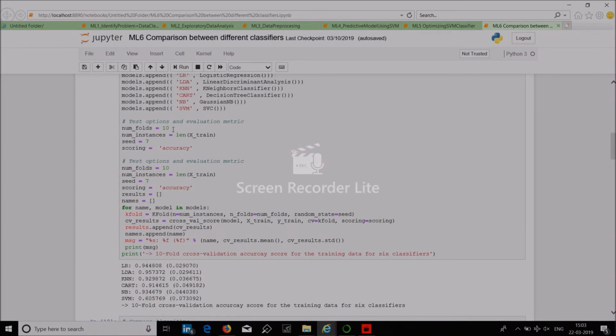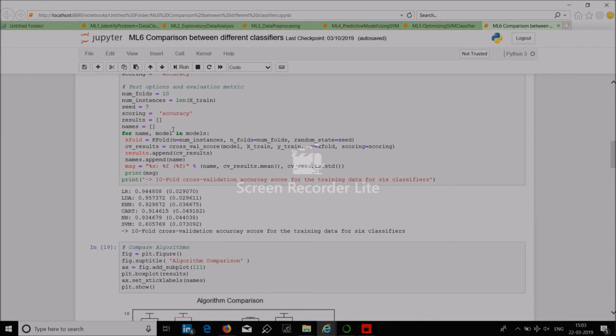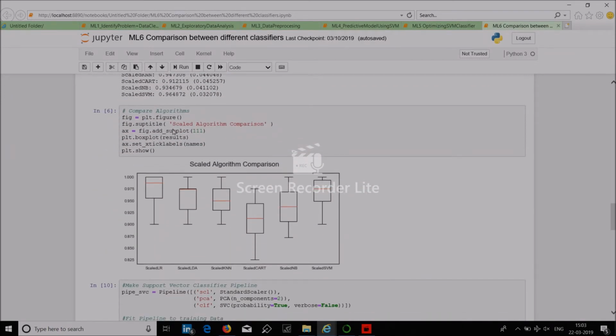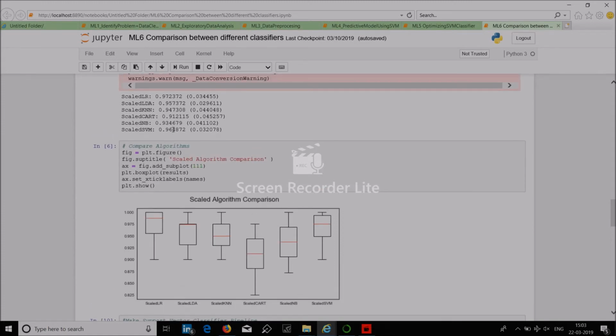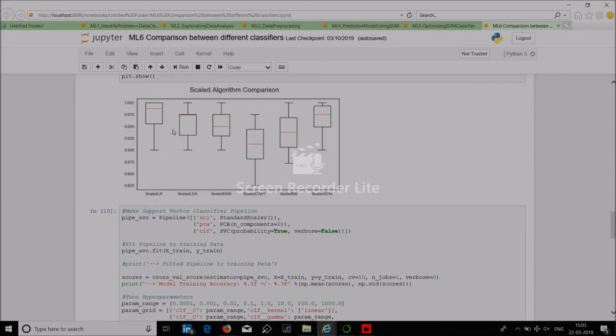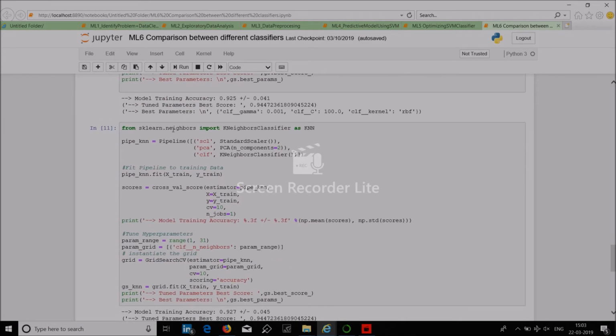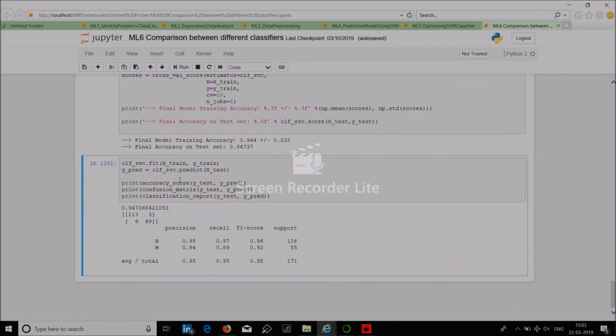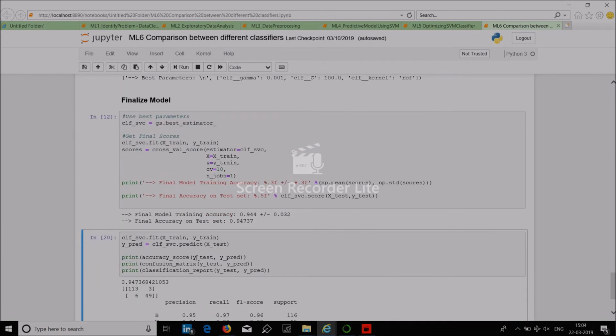This is the baseline, and this is what we obtained from the machine learning model. From this, you can see that the accuracy obtained is about 0.95, and this is the final result we have obtained from this project.